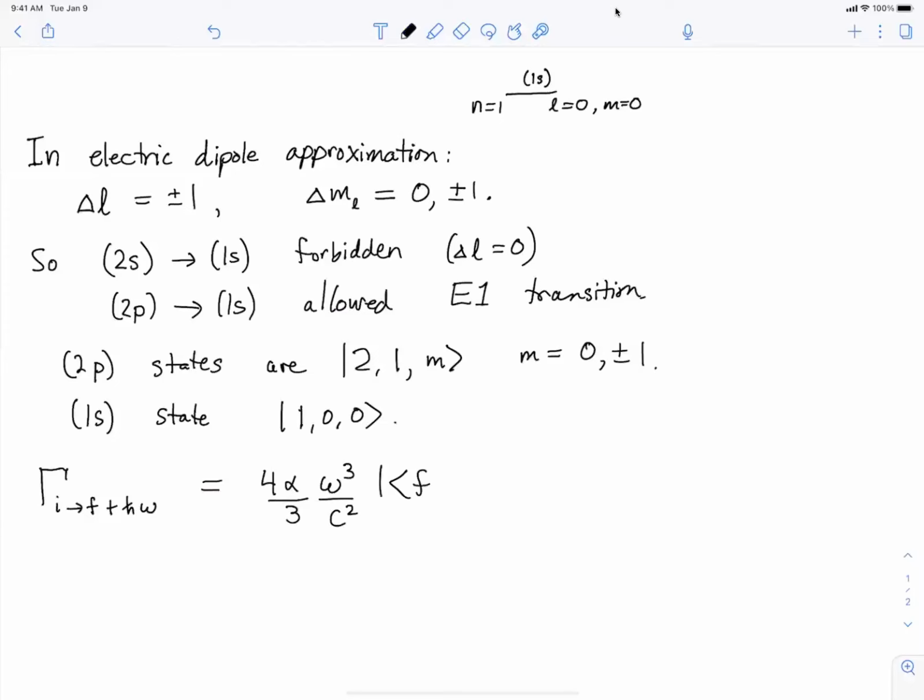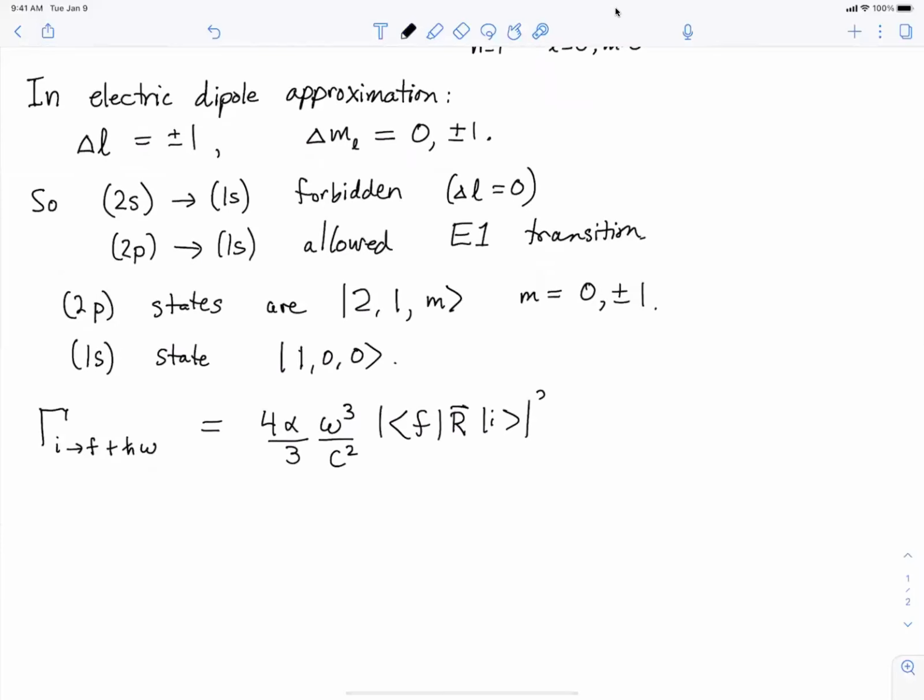And then there's the matrix element that we have to compute, which is the final state, initial state, with the position operator vector inside of it, and then we have to square it. Okay, and so as a reminder, this is a vector operator. And so the meaning of this expression is that we're supposed to compute this matrix element and dot it into its complex conjugate.